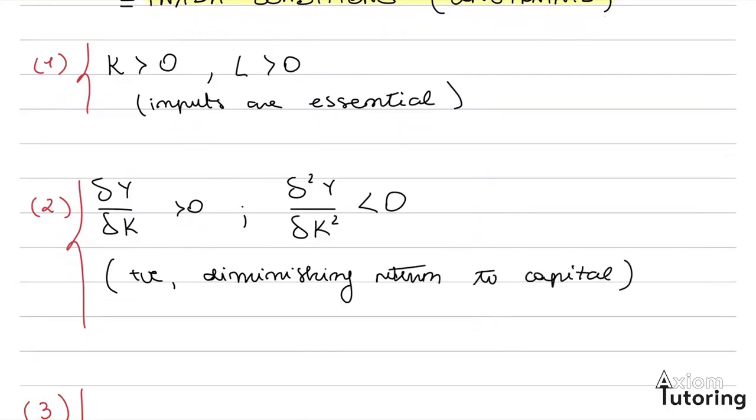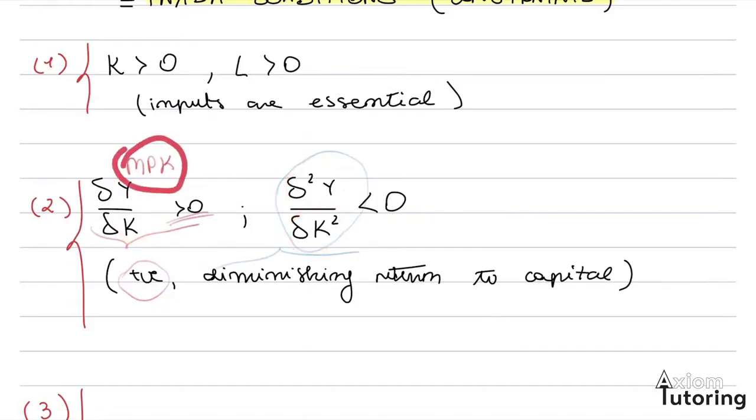The positive part is captured by the first derivative of the production function with respect to capital, which is the marginal product of capital, and it has to be greater than 0. The diminishing part is captured by the second derivative of the output function with respect to capital.